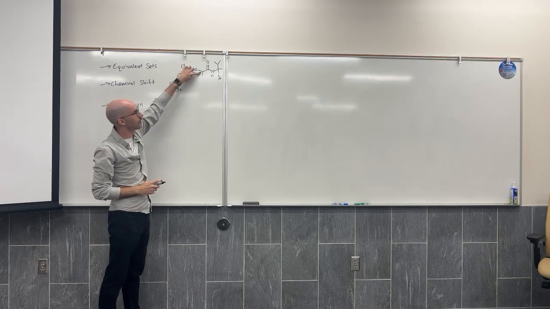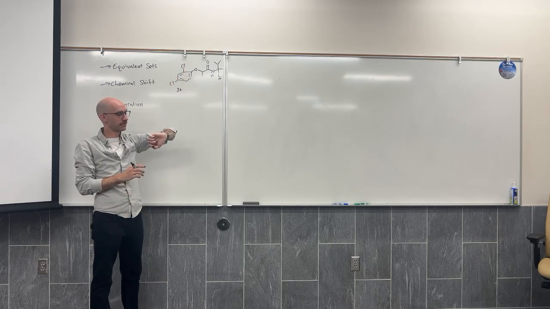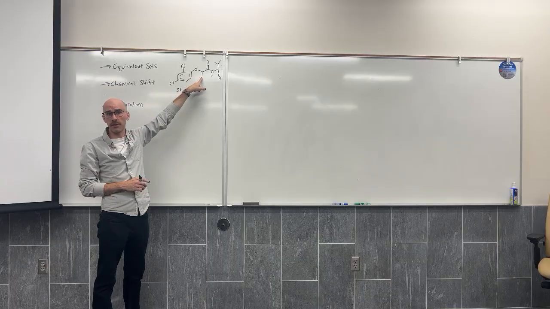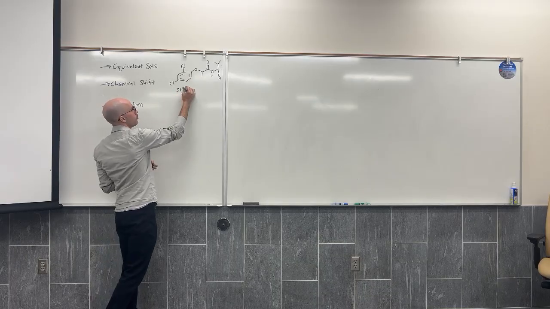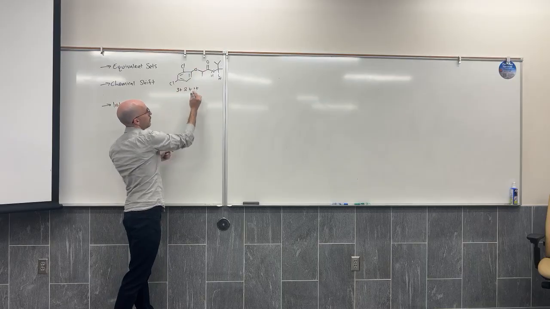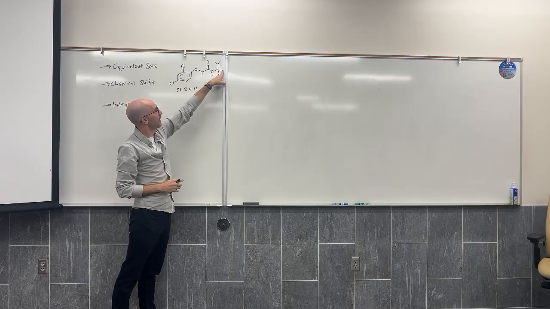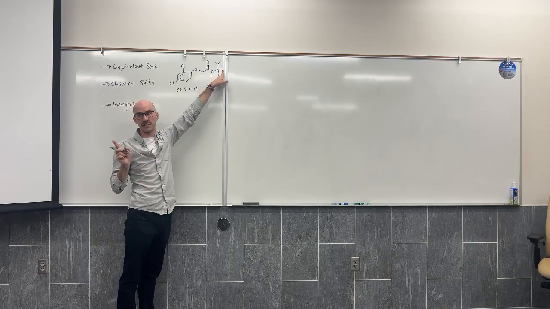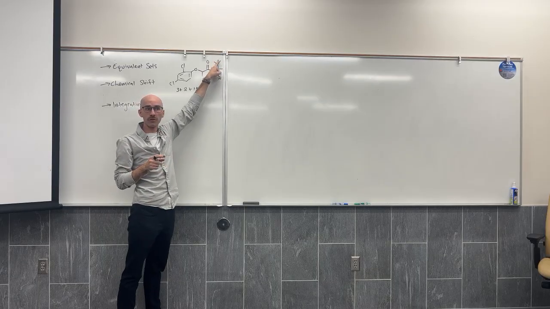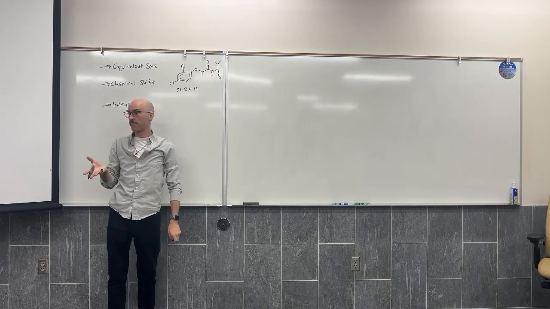Then I have this hydrogen on the tertiary carbon. I have the three hydrogens on the methyl group. That's two more. I have this hydrogen on the nitrogen. And then I have this methyl group, which is distinct from these two methyl groups. But those two methyl groups are the same.